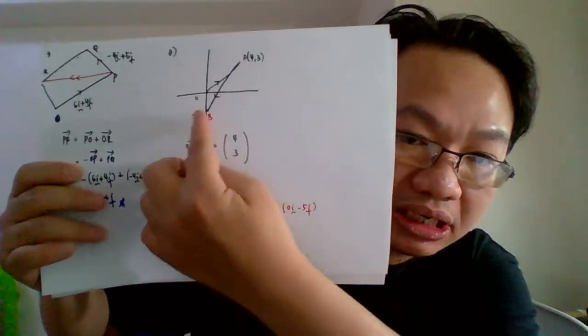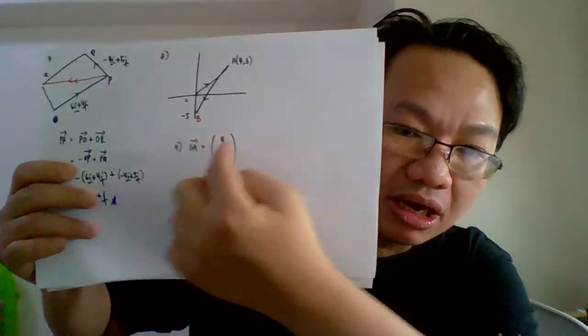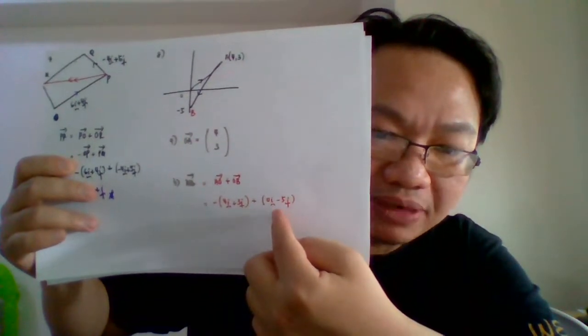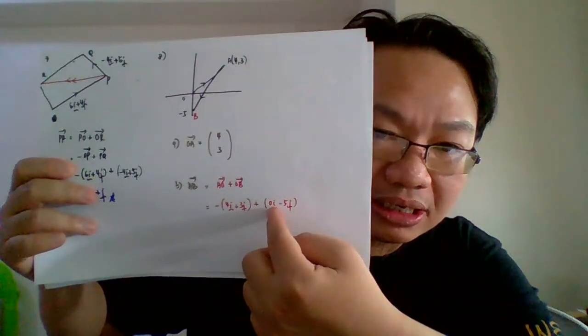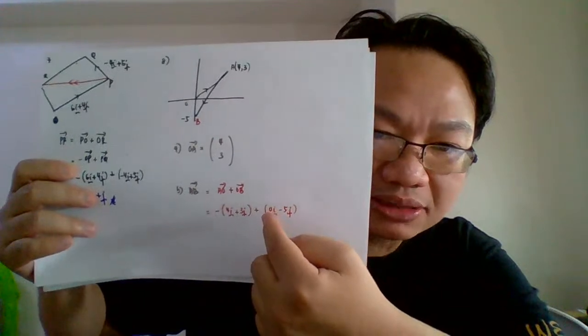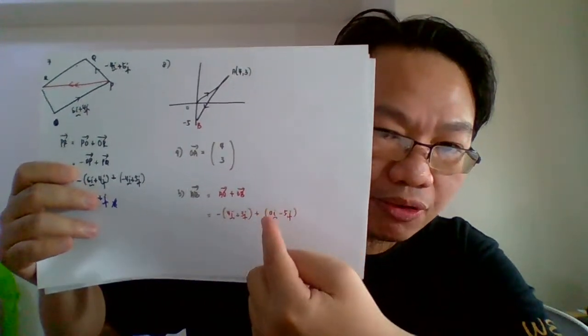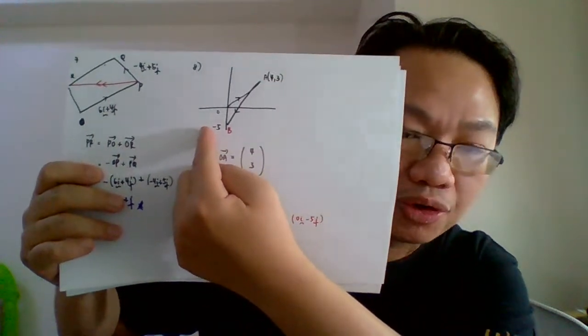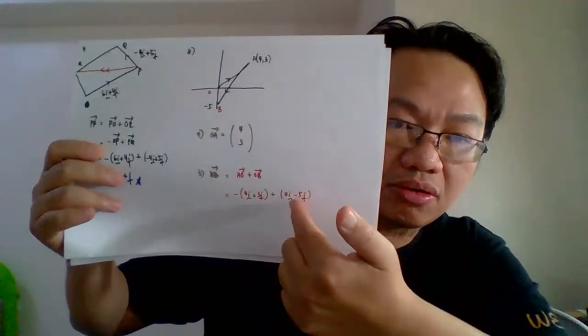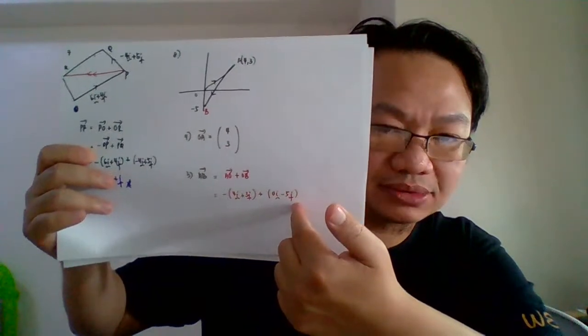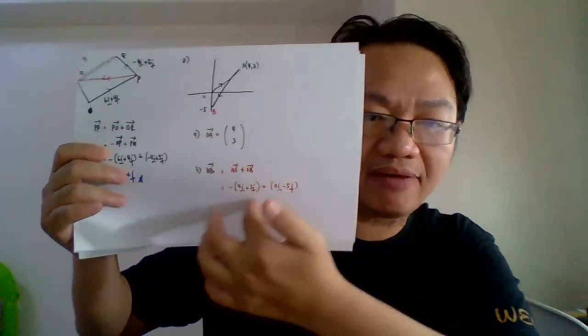OB is a coordinate of (0, -5), right? OB, that means the direction is OB, so we don't have to put a negative, just put everything like this, remain the same. 0i, why 0i? Because the coordinate of B is (0, -5). So 0i minus 5j.